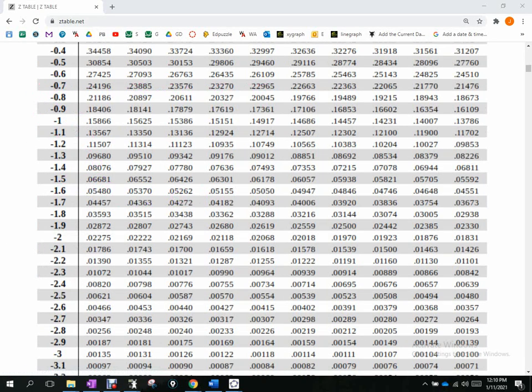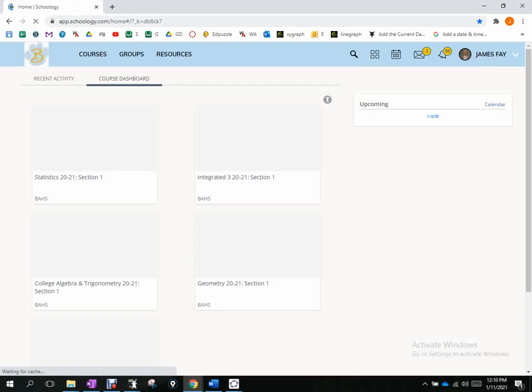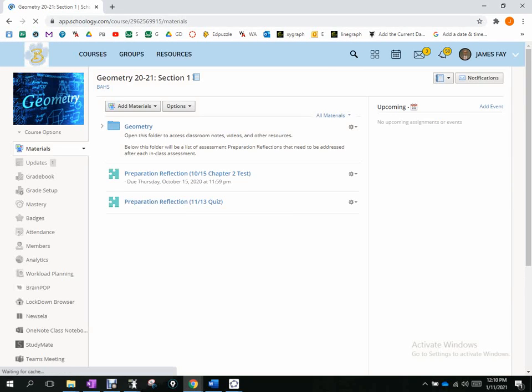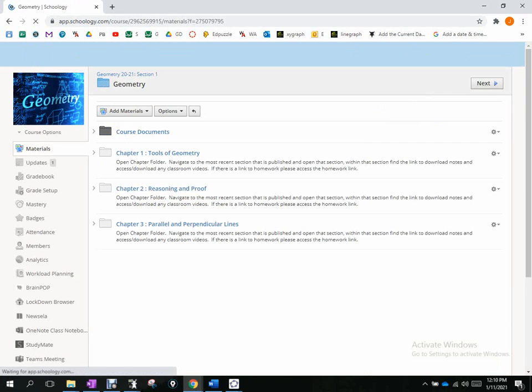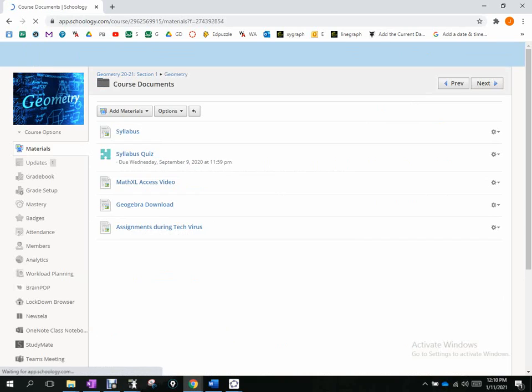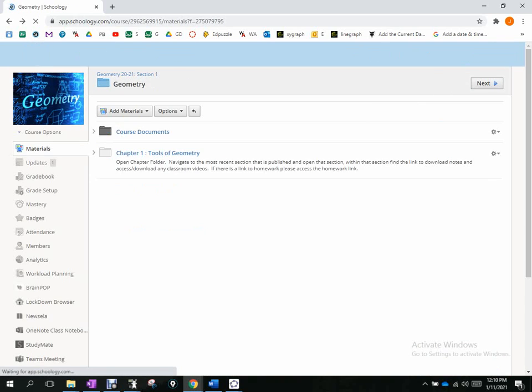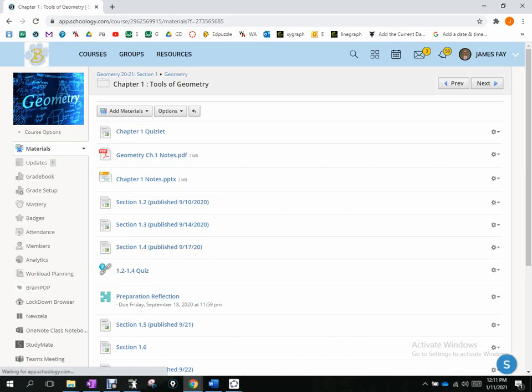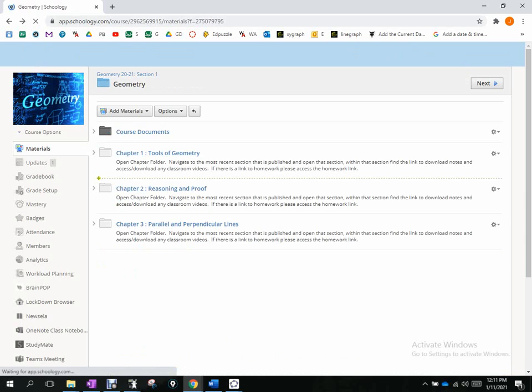if you go to Schoology, go to geometry, let's see here, where did I put it? It should be on each section, but I don't know if that gets you into it, I'll do it this way.